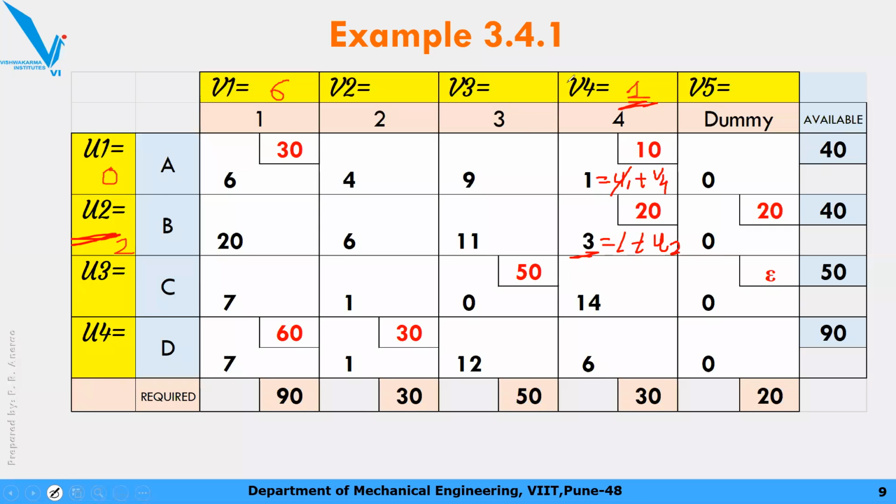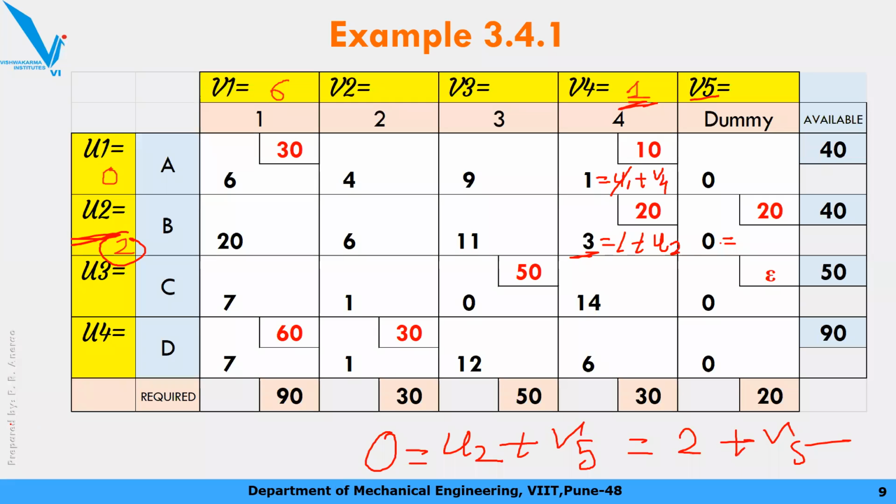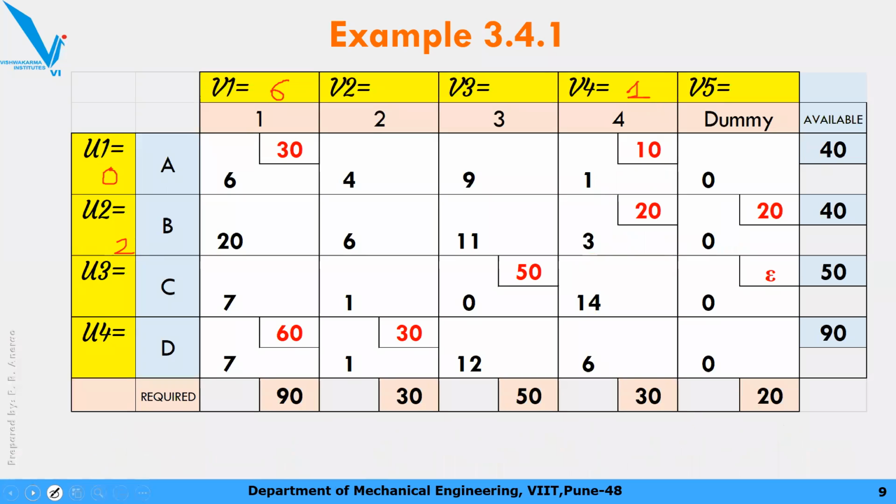Similarly do the calculations. अब देखो यहाँ पे देखो डमी सेल कितना है 0, u2 is 2, so v5 कितना होगा, see 0 equal to u2 plus v5, but u2 is equal to 2, so v5 will become minus 2, okay. सिंपल कैलकुलेशन है, आप इजीली कर सकते हो ये.